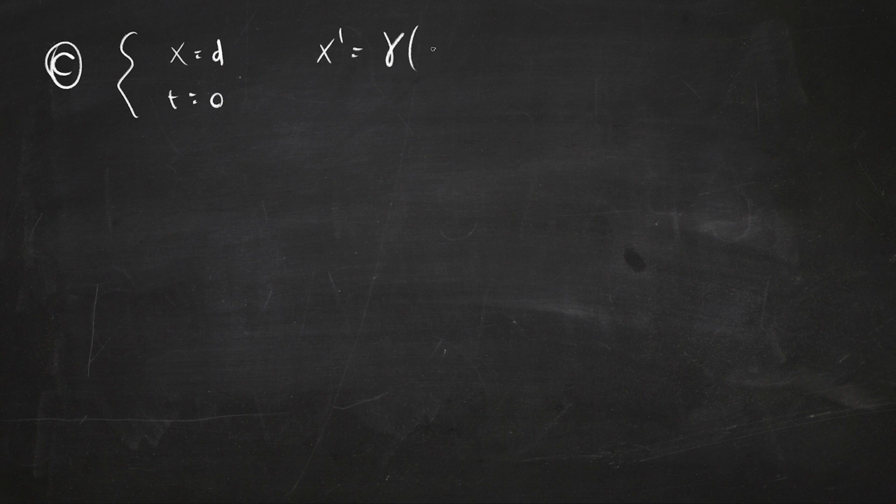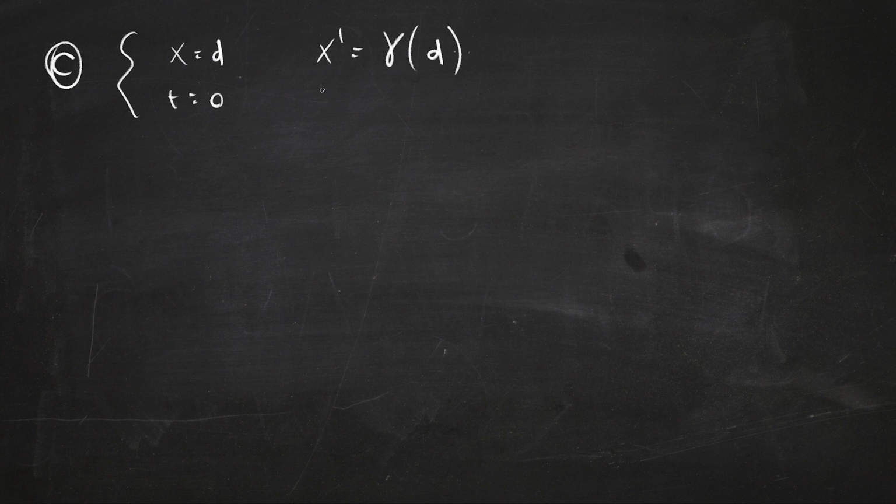So I was calling that the event C now. And that was the x equal d and the t equals 0. So the x prime is the gamma, and then the x minus vt. So the x is d minus vt, so it's going to be 0.